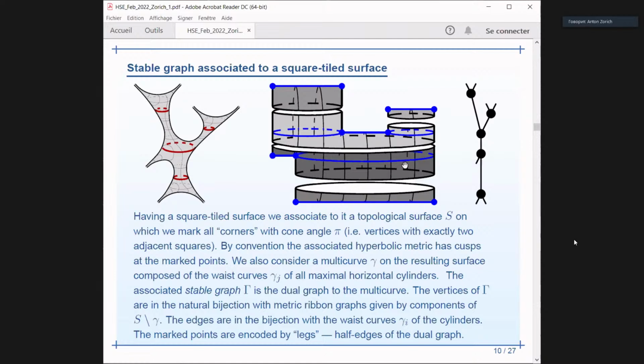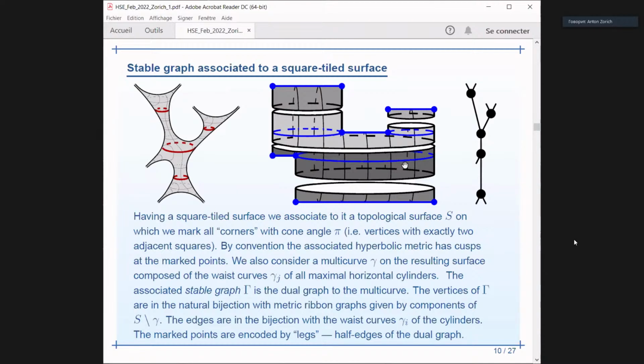Each singular horizontal layer is a ribbon graph, for which I will use variables b1, etc., for the lengths of the boundaries. Now I already know how to count ribbon graphs with these parameters b. And the only thing which remains is to join these boundaries by cylinders. I know which boundary component to join with which boundary component, because this is encoded by the structure of the stable graph. And when I join a cylinder, I have this extra parameter, twist, which I can use.